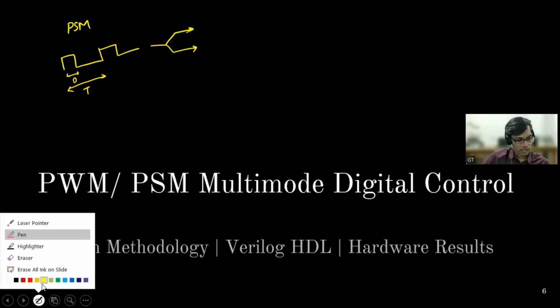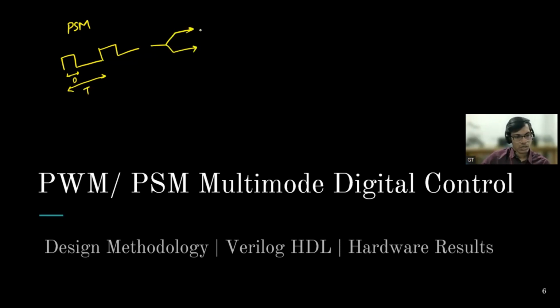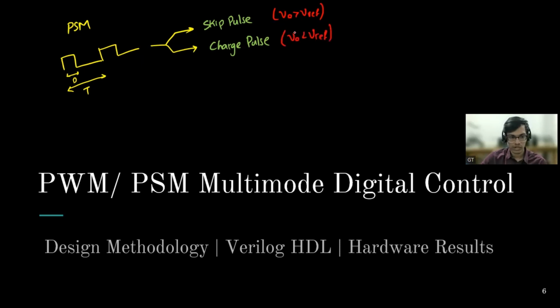One is the skip pulse, the other one is the charge pulse. Skip pulse means when V naught is greater than V reference. If V naught is greater than V reference, then it will skip because V naught is already more than V reference. And if V naught is less than V reference, then it has to be charged so that V naught crosses V reference, and it will charge.